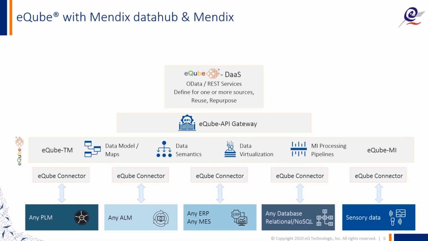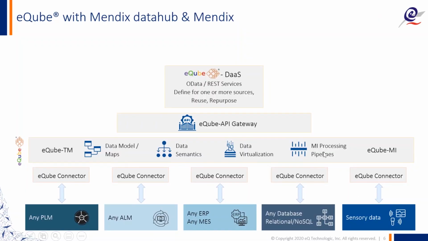Data virtualization allows us to reach out into those and completely neutralize or flatten that structure so we can work with that data. Put another way, data virtualization is nothing but a Rosetta Stone for applications for eQube. You know how with Rosetta Stone you can speak any language and converse with it. That's exactly what virtualization does with applications or data sources. And that is quite a unique capability that allows us to build solutions.